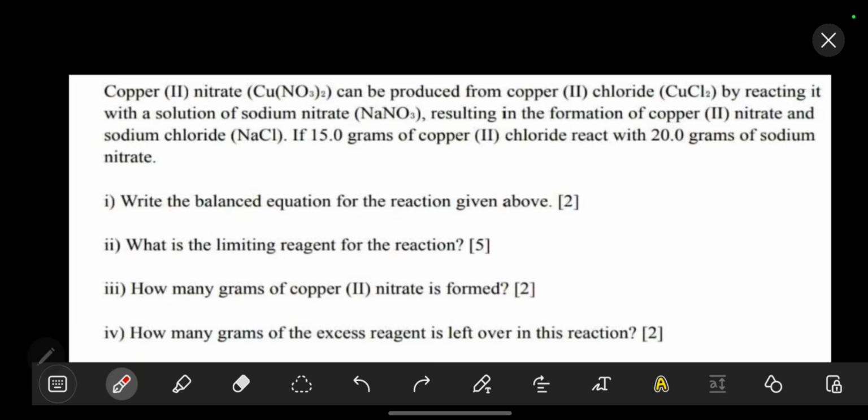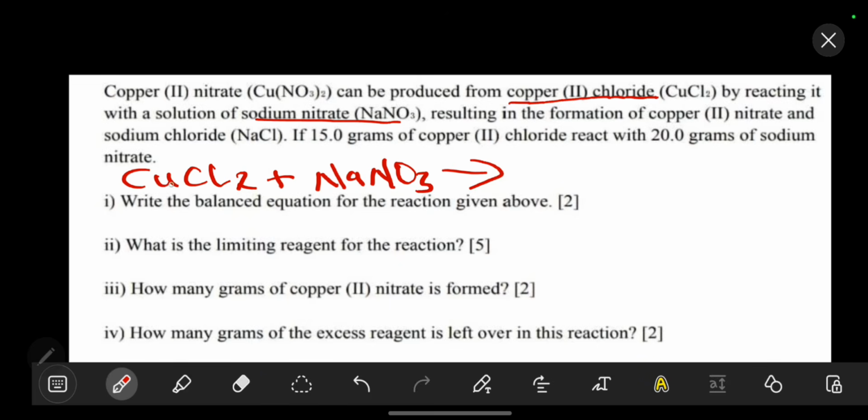So remember, without the equation being balanced, there's nothing you can do with the mole concept. So you react copper 2 chloride with sodium nitrate. What we have is copper 2 chloride, which will look like this. We add plus our sodium nitrate, like that. Then what are we going to produce?